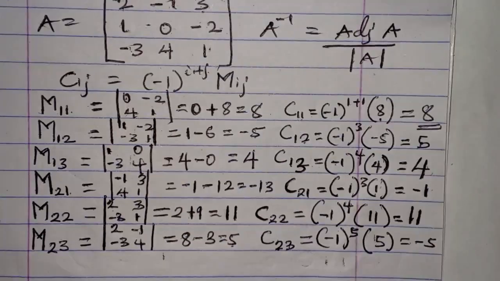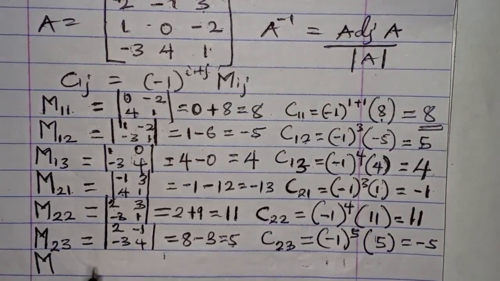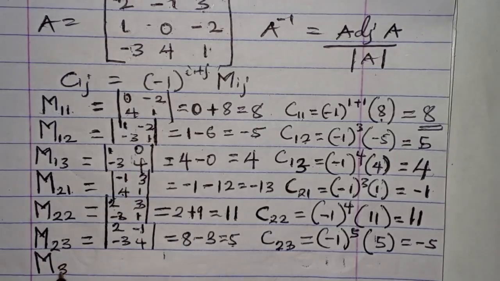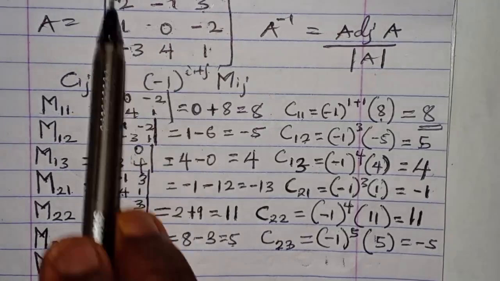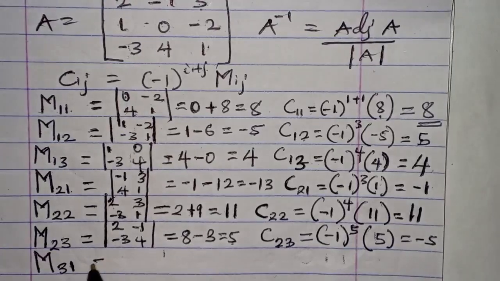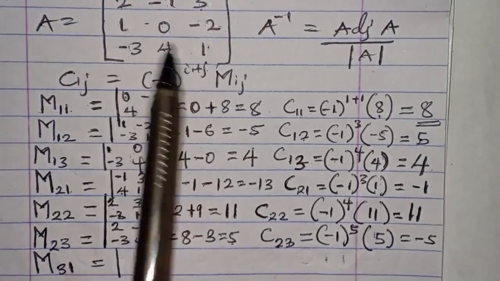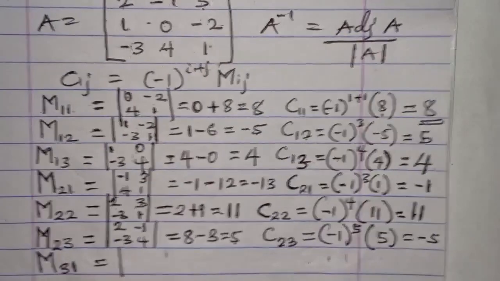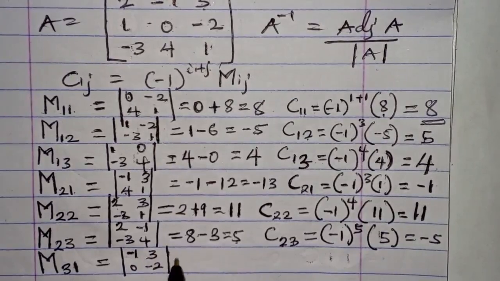We now come to the third row. The minor of the first element in the third row, which is minus 3, is M31, in the third row, first column. Eliminate this row, eliminate this column. We'll be having minus 1, 3, 0, minus 2.